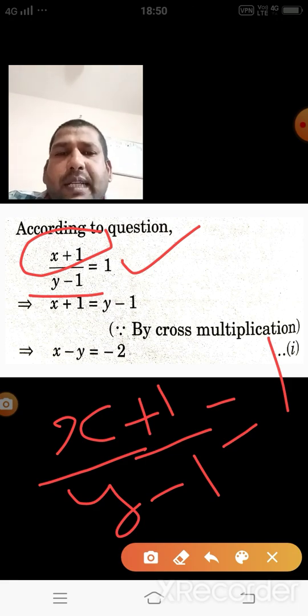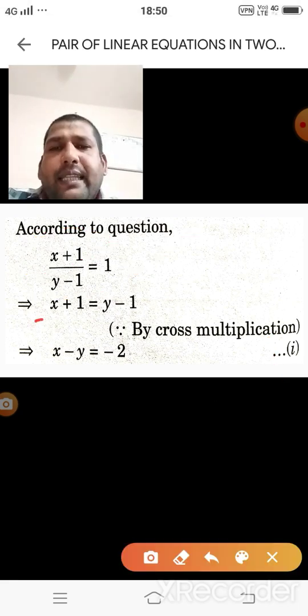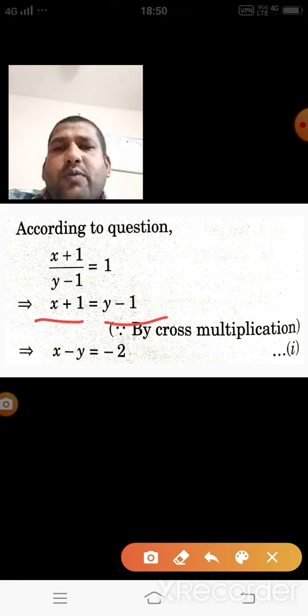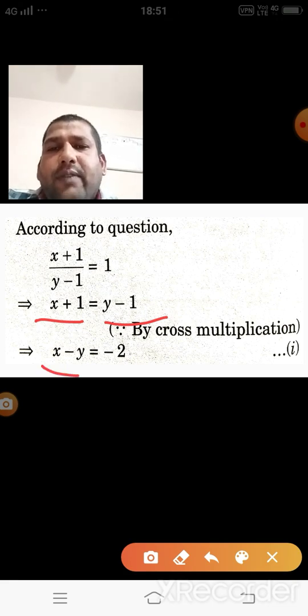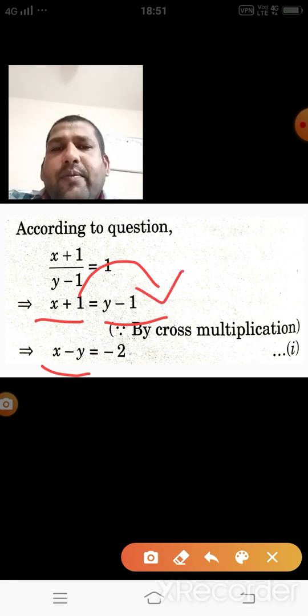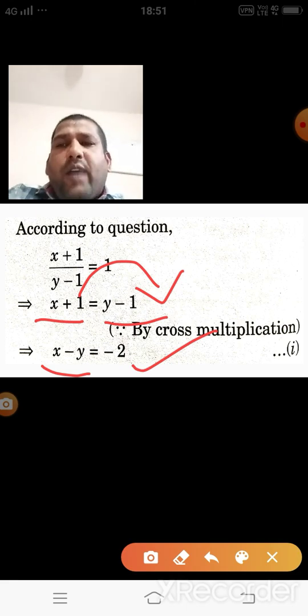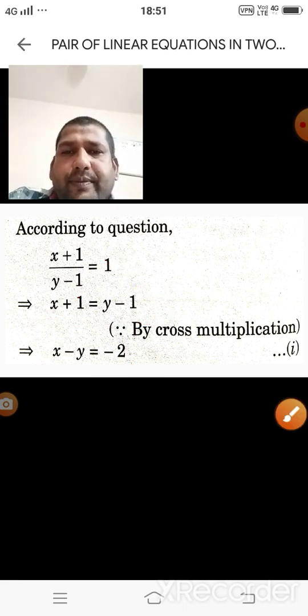Then on cross multiplication, we get x plus 1 equal to y minus 1. On solving this, taking y to the other side, we get x minus y, and taking 1 to the other side, we get minus 2. This is the required first equation, x minus y equal to minus 2.